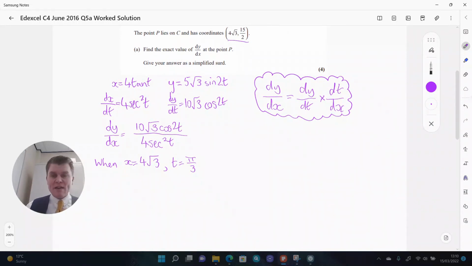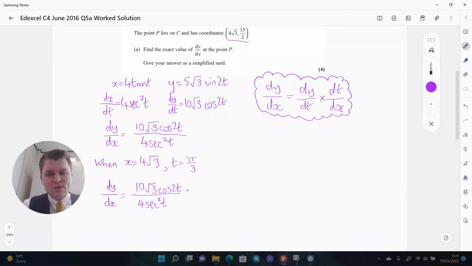Now we have that value for t, we're going to just return to our equation that we have for dy by dx. Now, at the moment, it's a little bit messy because we've got this 4 sec squared t. Ultimately, we just want to substitute that value for pi over 3 directly in there and put it into our calculator.